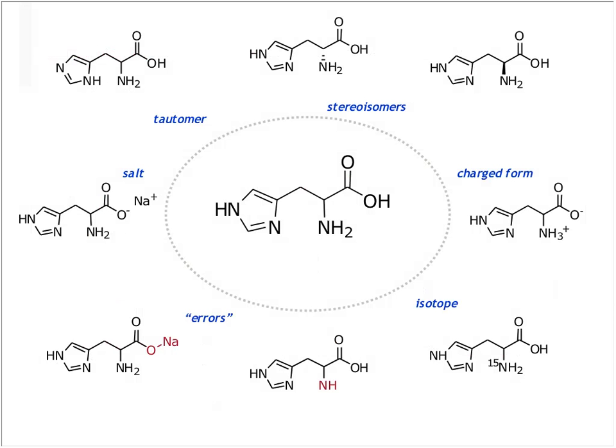This is the amino acid histidine, and it can be written in different forms. It can be in salt form in one database, in tautomeric form, or in 2 different stereoisomer forms based on the R and S approaches to the amino group. It may be in a deuterated form, and if any oxygen or nitrogen has an isotope, it may be in a different isotopic form.